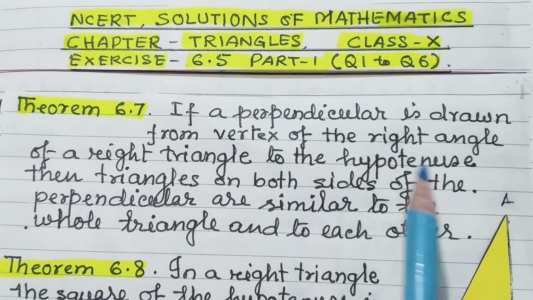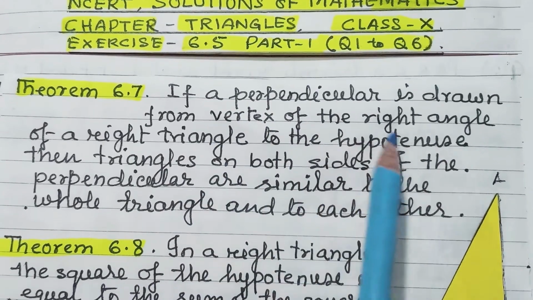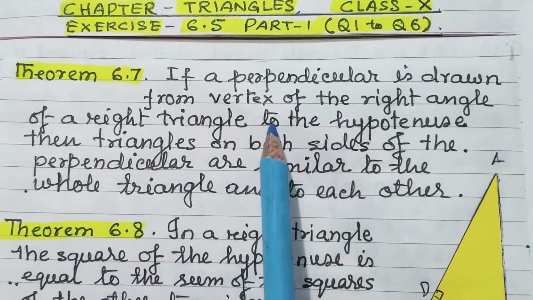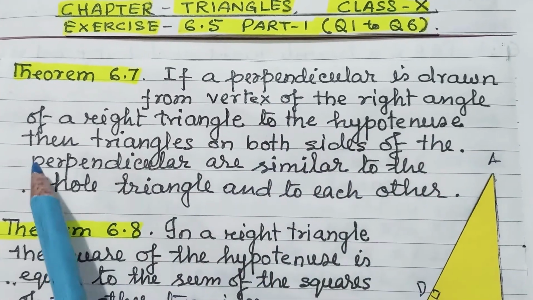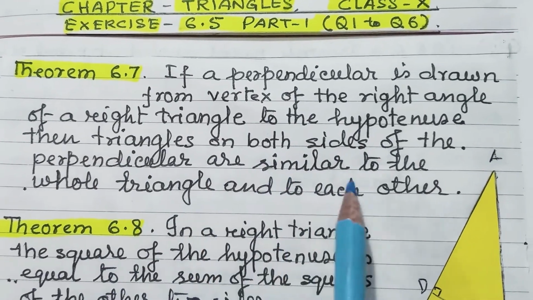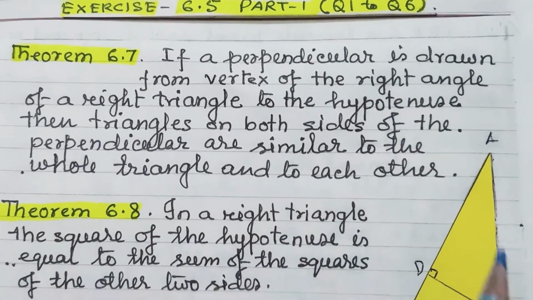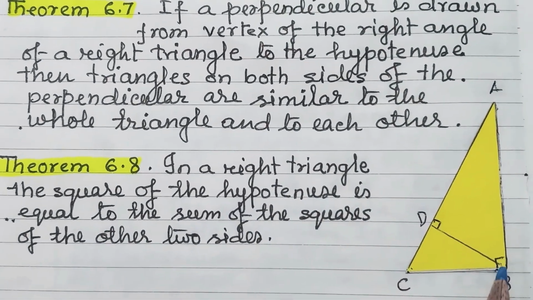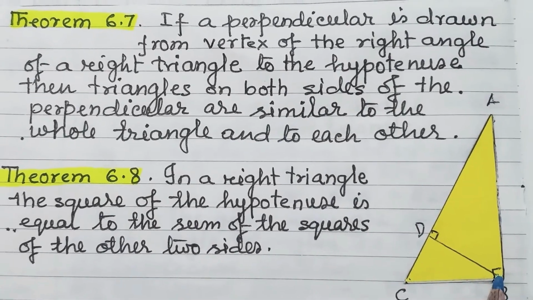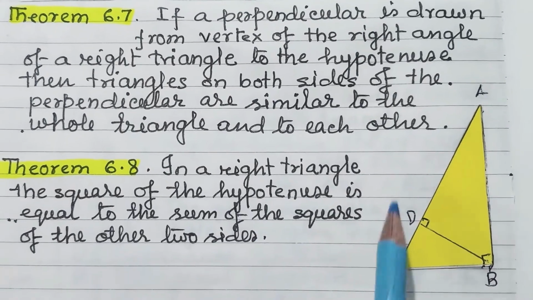If a perpendicular is drawn from the vertex of the right angle of a right angle triangle to the hypotenuse, then the triangles on both sides of the perpendicular are similar to the whole triangle and to each other. From the right angle vertex, draw a perpendicular on the hypotenuse.